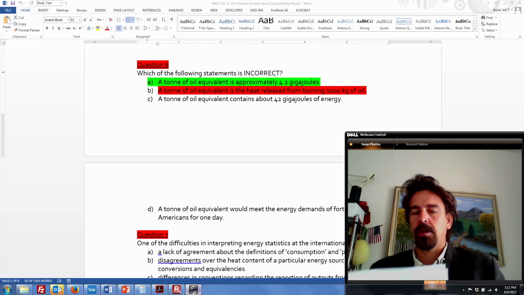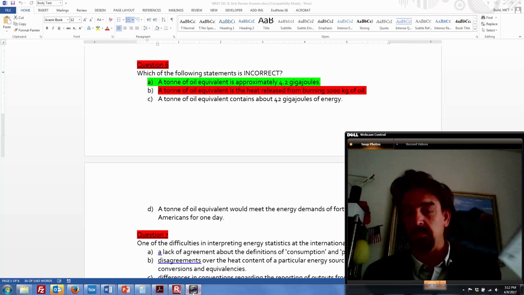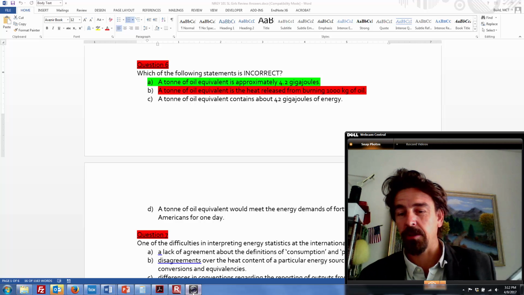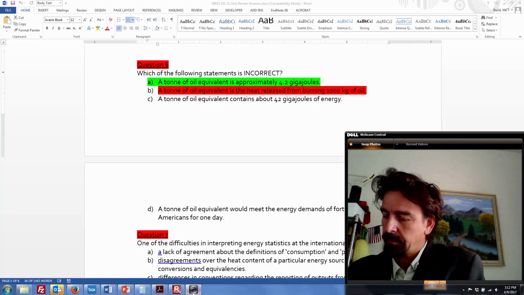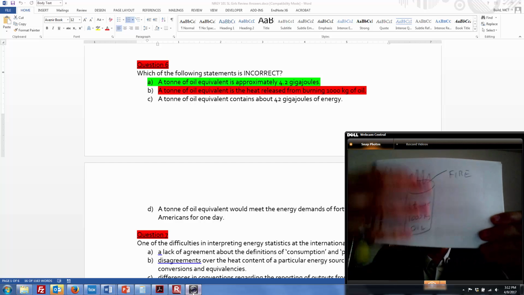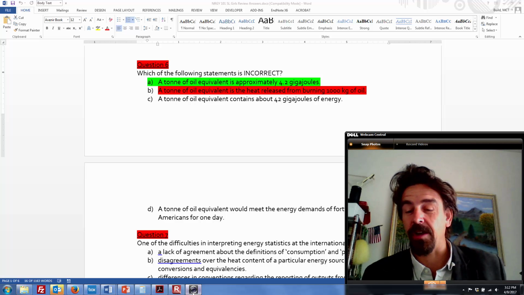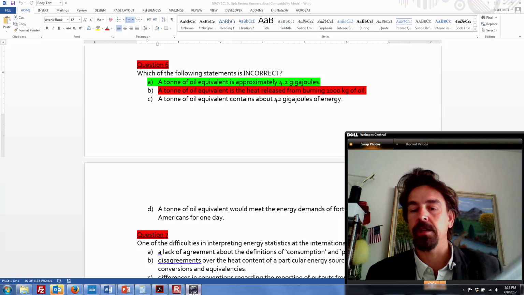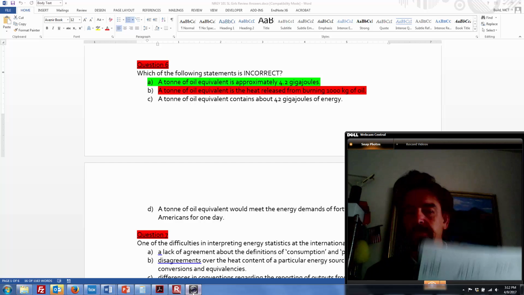Okay, we'll start like this, nice and neat. 1 ton, it's a large amount, 1,000 kilograms, and now we set it on fire. All right, so we light a match, and then the oil is set on fire for whatever, for heating, for our automobiles, for electricity, what have you.